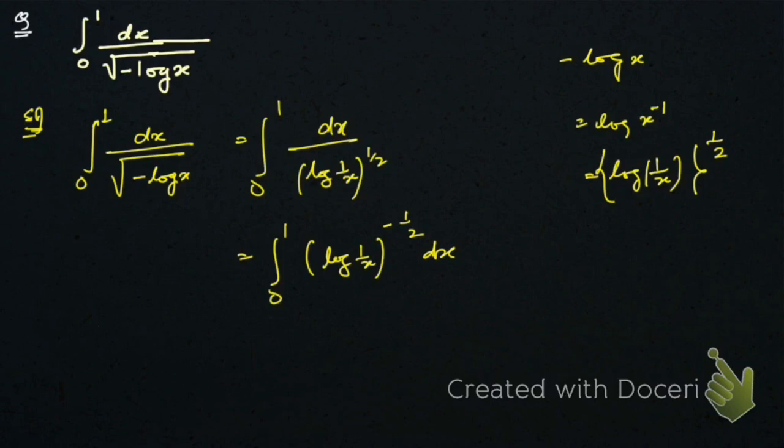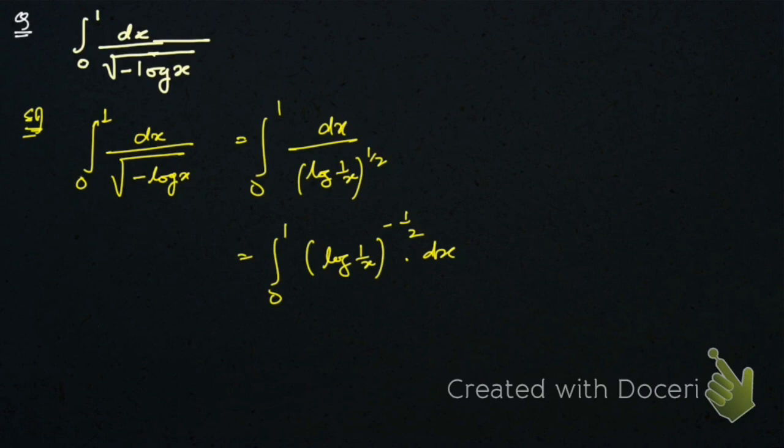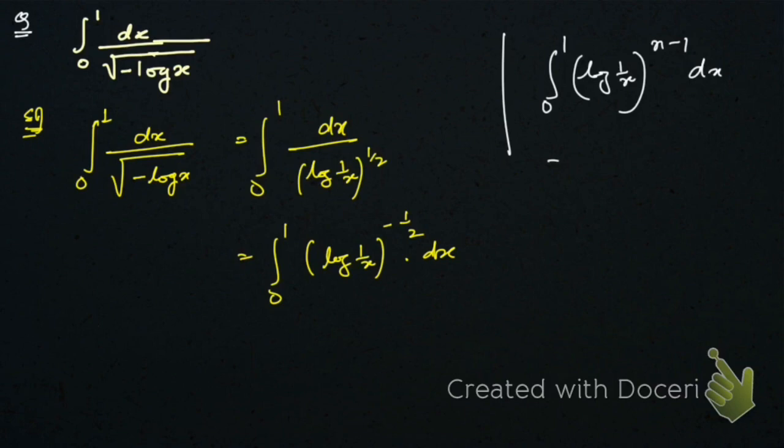Now in this case we are going to apply this identity, that is, integration from 0 to 1 of log of 1 by x to the power n minus 1 dx is equal to gamma n, right?